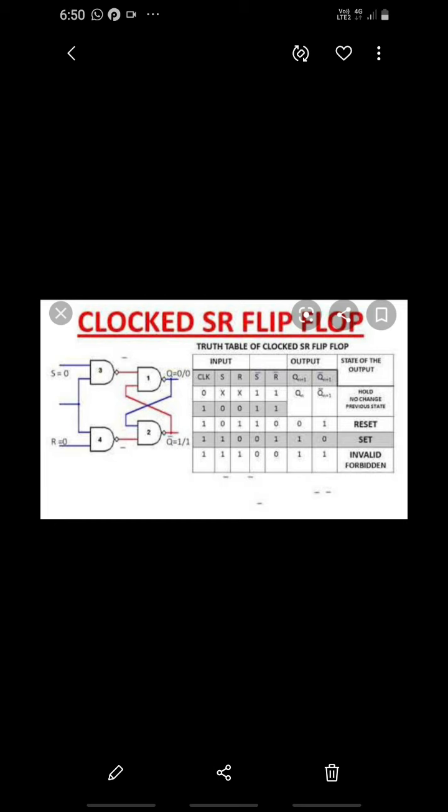And when applying another clock signal 1, S and R are 1 0, and S bar is 0 and R bar is 1, so output is 1 0, and the state of the output is set. Whenever applying a clock signal 1, and S and R are 1 1, then S bar and R bar are 0 0, Q and Q bar are 1 1, so it is an invalid state or forbidden state.